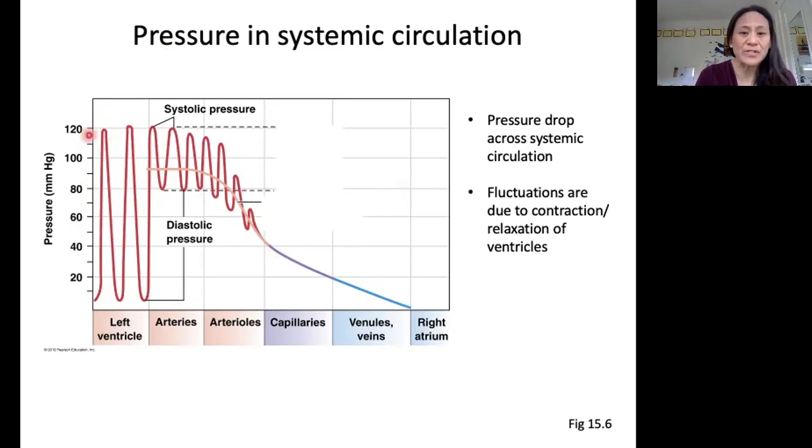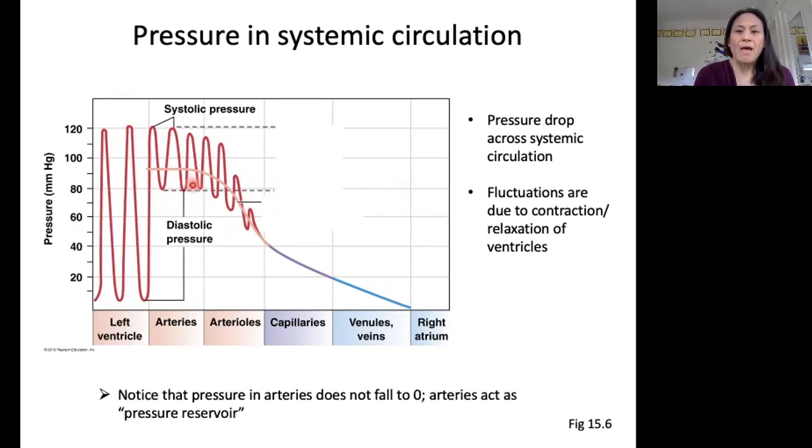So we have high pressure as the ventricles contract and low pressure as the ventricles relax. You can also see that these pressure differences are transferred to the arteries here. So we have highs and lows in our pressure in the arteries.